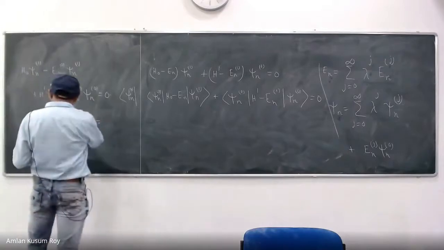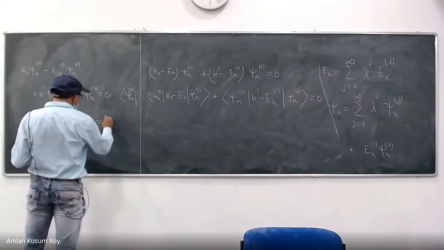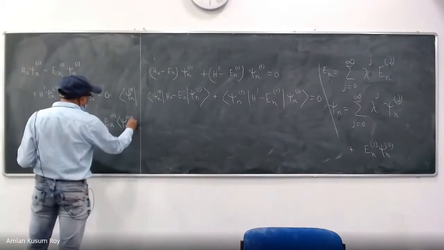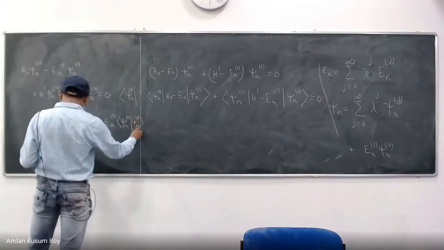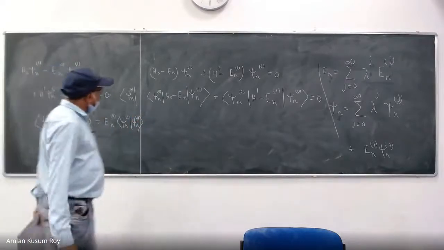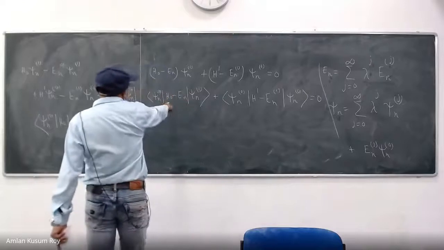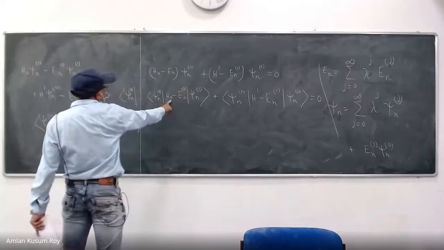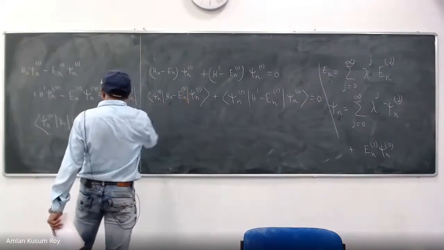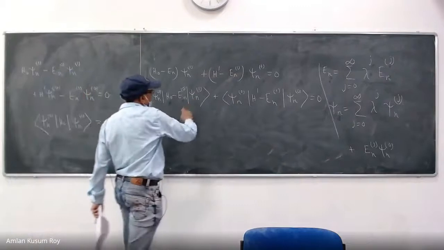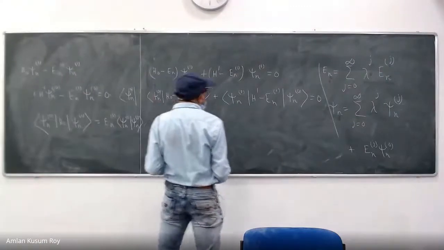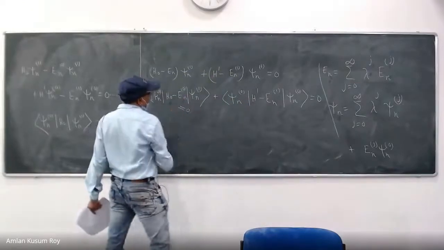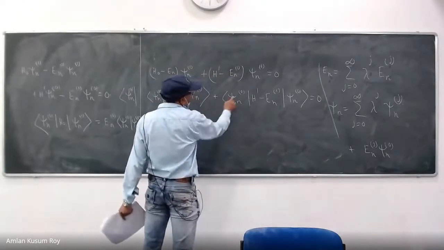H0 psi n0 is nothing but En0 psi n0, so this exactly cancels the En0 term, and this is actually 0. So you are left with psi n0 psi n0.